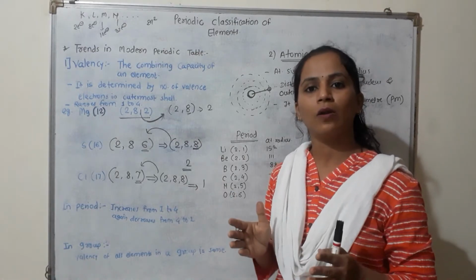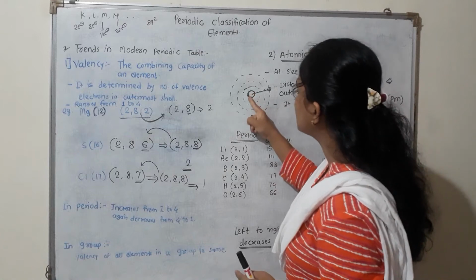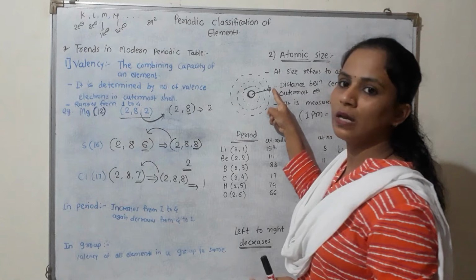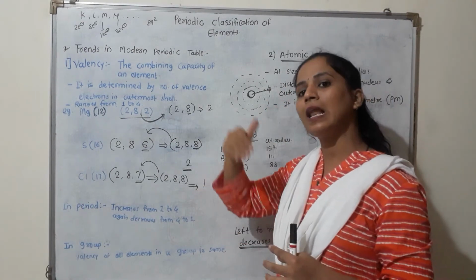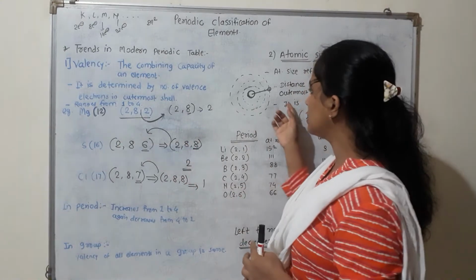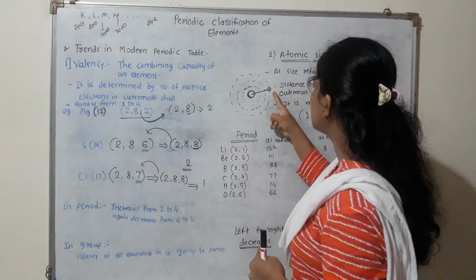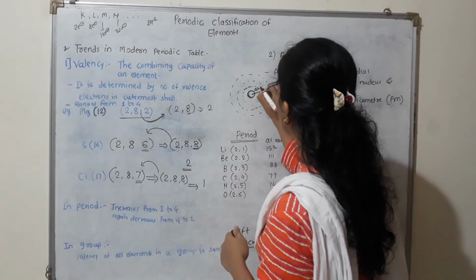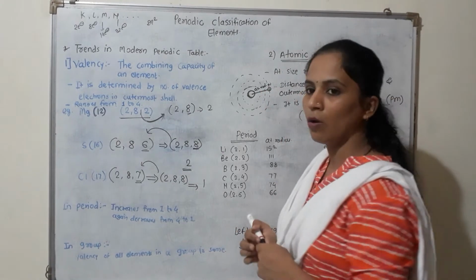Then what is meant by atomic radius? Atomic radius is nothing but the distance between the center of the nucleus and the outermost electron, the valence electron, the electron present in the last shell. So the distance between the center of the nucleus and the outermost electron is called its atomic radius, and atomic size is related to this atomic radius.